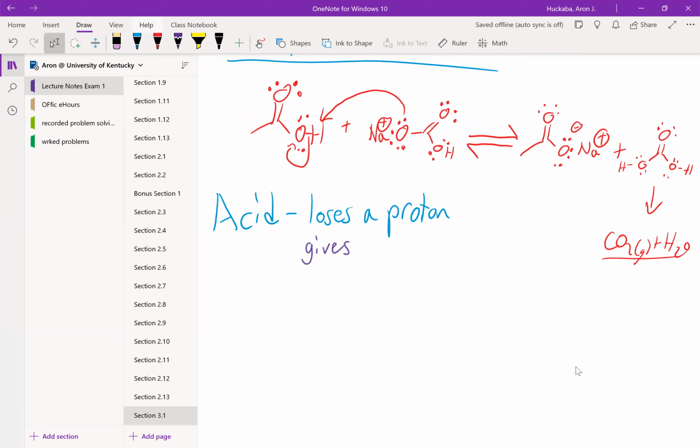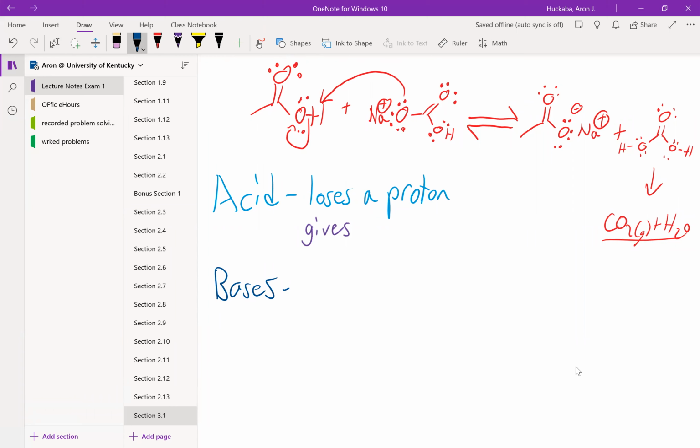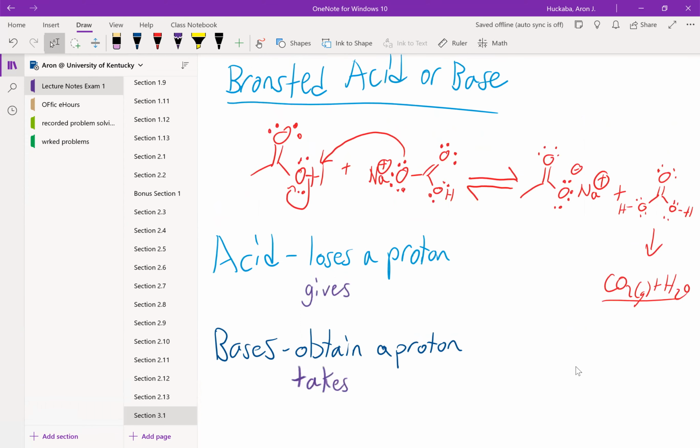And bases, according to the Bronsted definition, are the chemicals in a reaction that obtain a proton or take a proton. Either ways of saying it are factual. So this is basically what an acid and a base are in Bronsted terms.